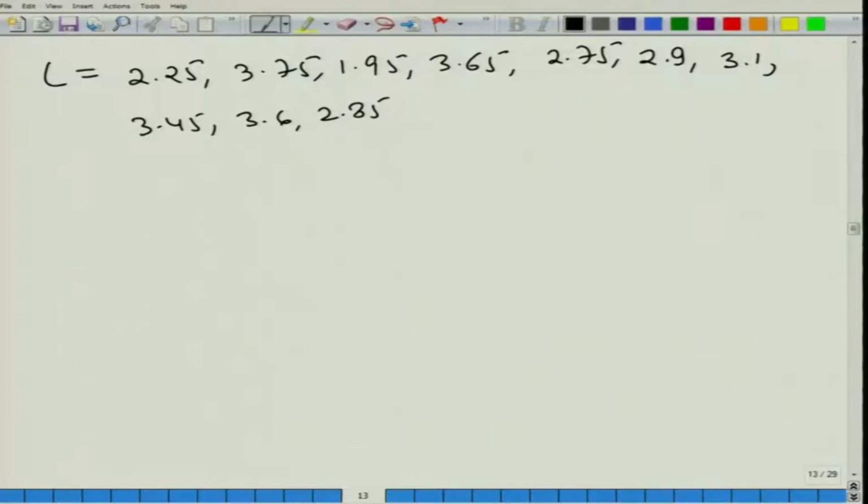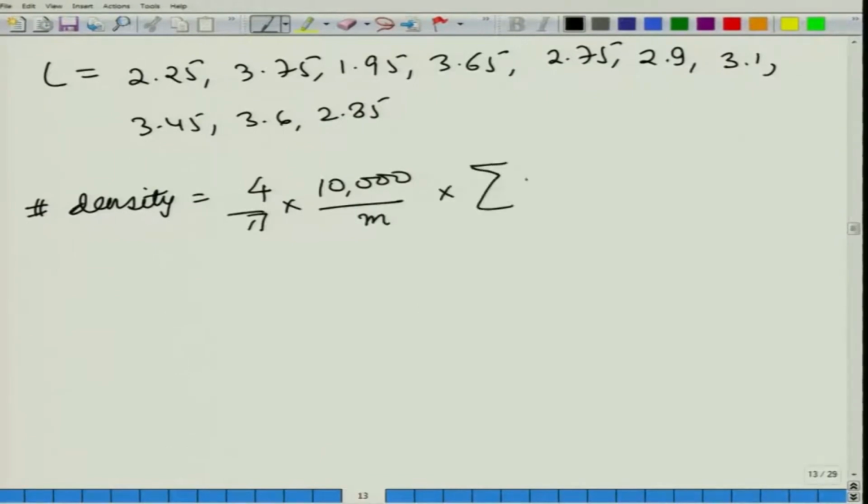The number density is given by 4 by pi into 10,000 divided by m into sum over 1 upon Li square. In this case, because we have 10 readings, m is equal to 10. So, this equation will become 4 by pi into 10,000 divided by 10.